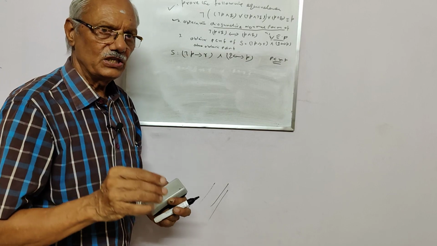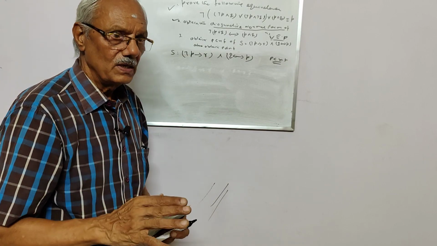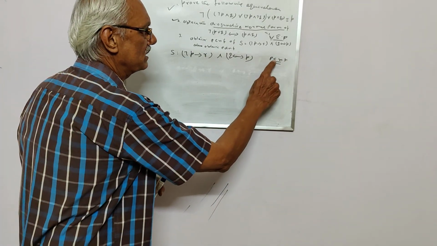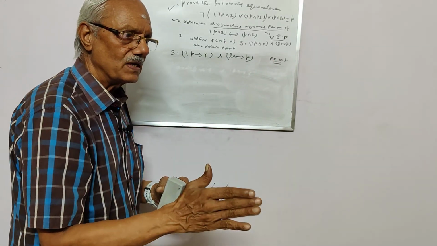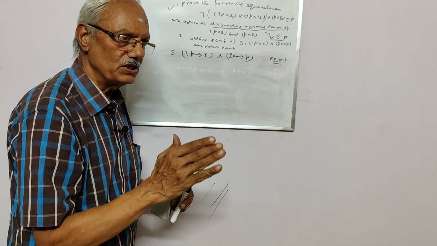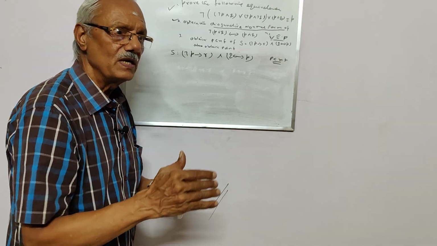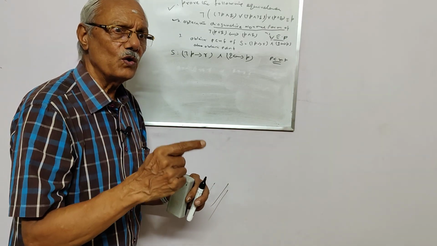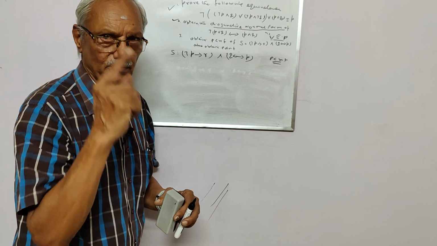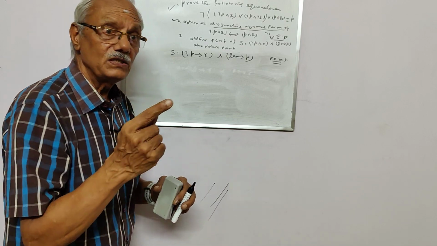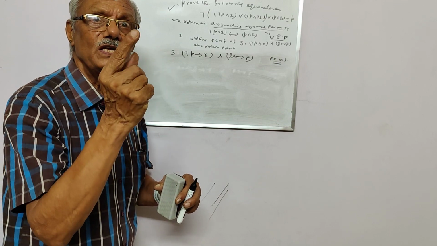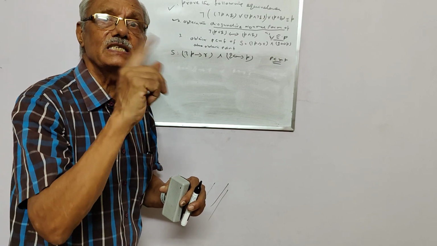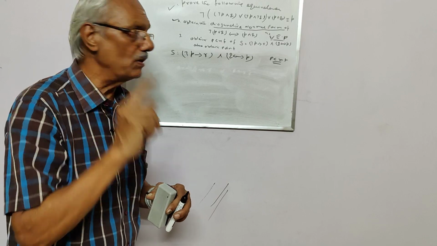Principal conjunctive normal form. Leave alone this P for now. What is conjunctive normal form? Expressing the given compound proposition in terms of the conjunction of elementary sums, but with the same meaning maintained. That is, the meaning of the original compound proposition is not changed. That you have to remember.